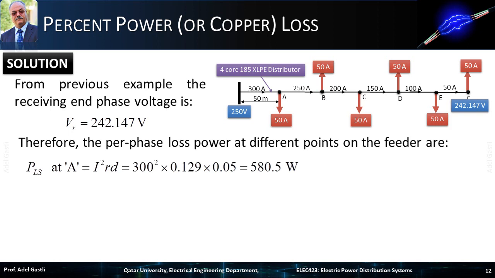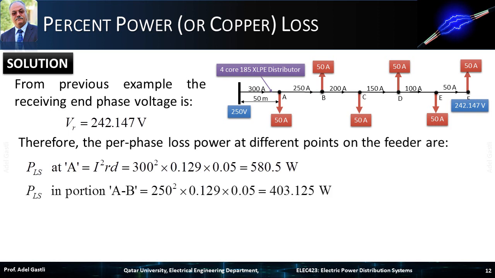At point A, the distance is 50 m or 0.05 kilometers, the current is 300 amperes, so the power loss is the square of the 300 amperes of current times 0.129 of linear resistance times the 0.05 kilometers of distance, that equals 580.5 watts.